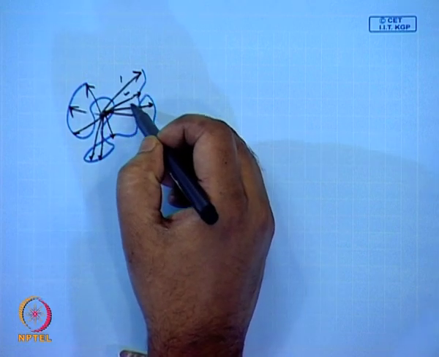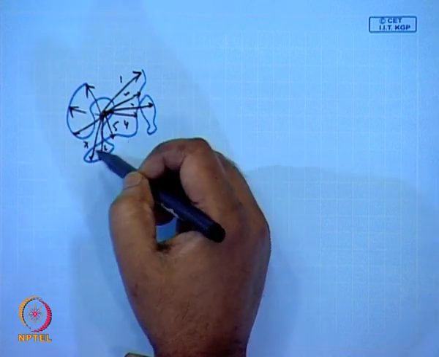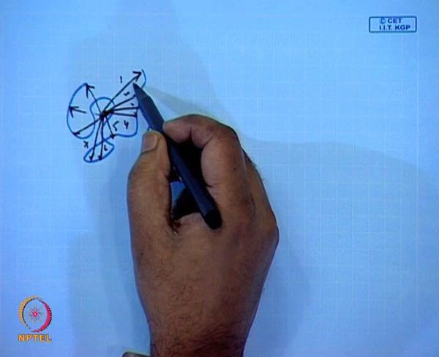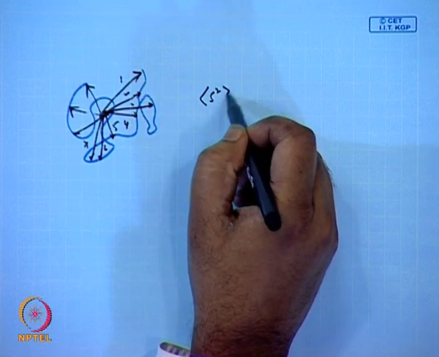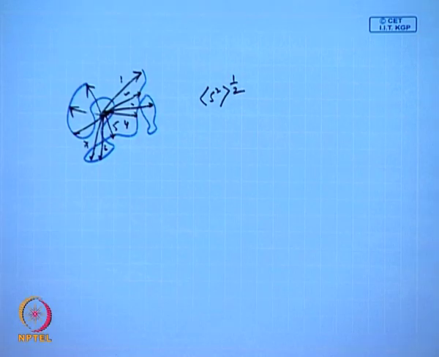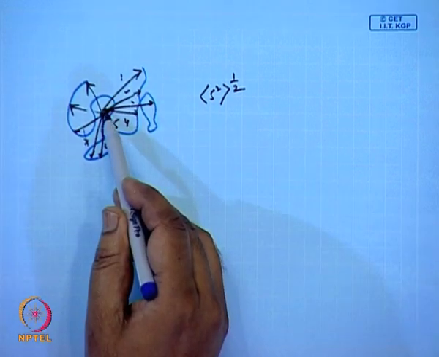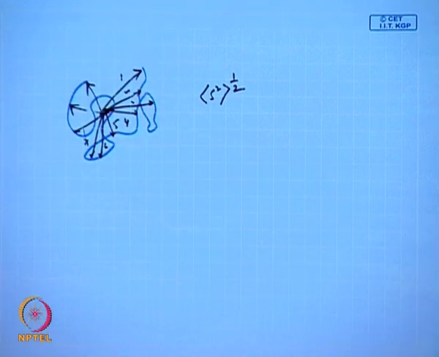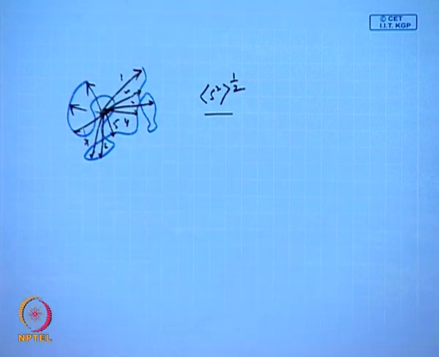So, 1, 2, 3, 4, 5, 6, 7, 8. If this is 1, it is S. Again, the root mean square distance of the elements of the chain from the center of gravity or center of mass of the coil is called the radius of gyration.